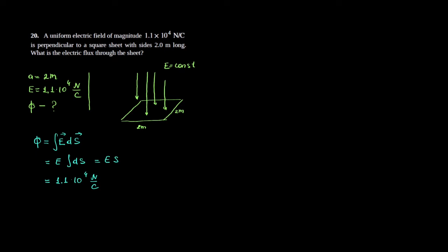The electric flux is equal to electric field multiplied by S. The surface of the square is a squared, which is equal to 4. Now we can write it as 4.4 times 10 to the 4 Newton meter squared per Coulomb.